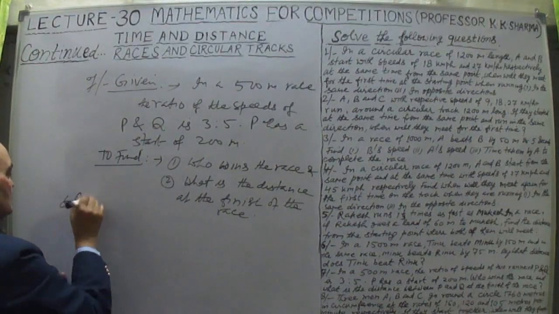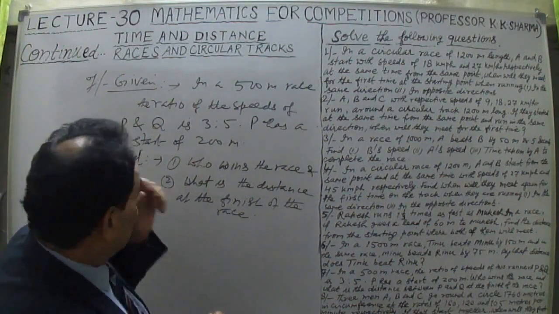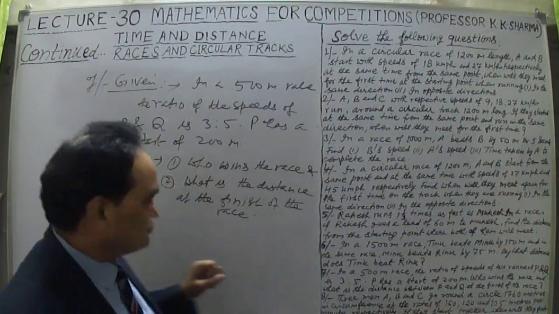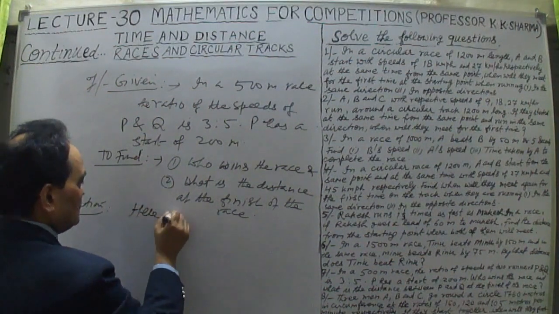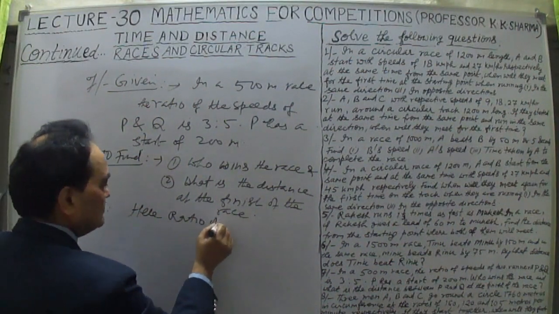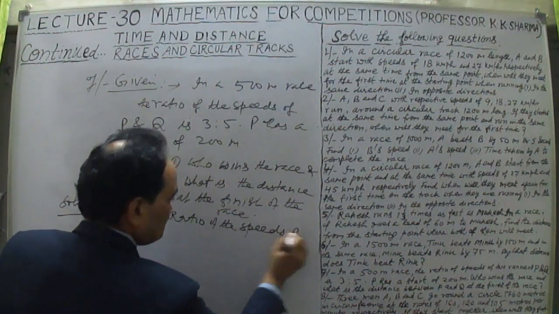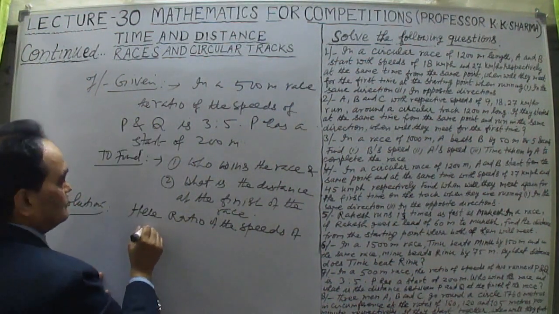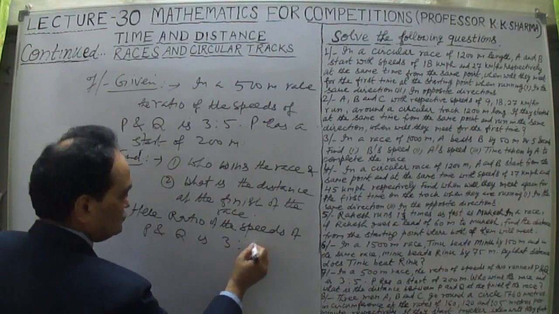Solution. Now see here, what is the solution. The ratio of the speeds of P and Q is 3:5.